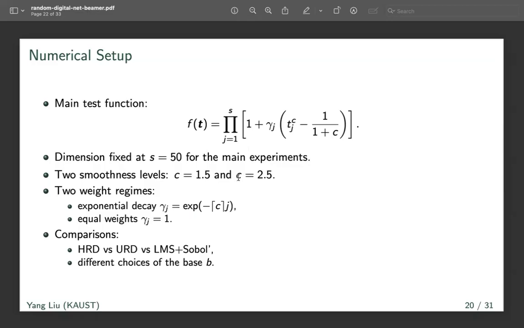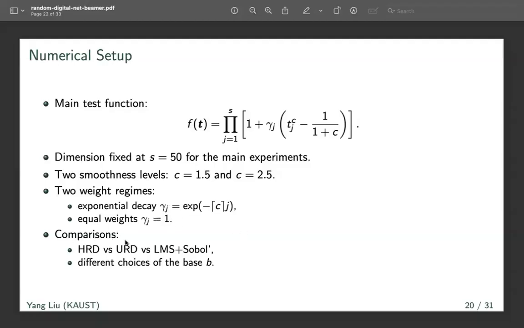We consider these two choices, and we can easily verify that with these two choices, we have the computable worst case error bound for this test function. In the numerical results, we also consider two choices of the weights. One of them is this exponentially decaying weight, and the other one is just equal weight.